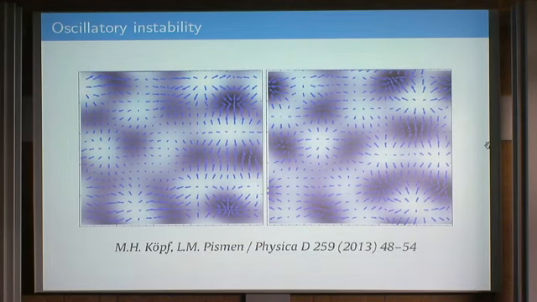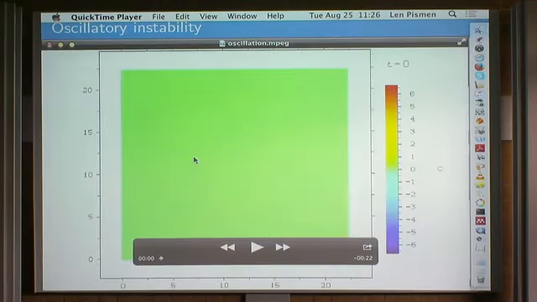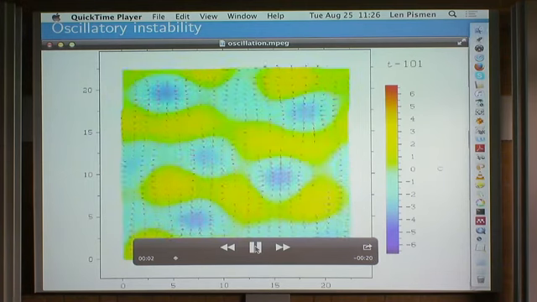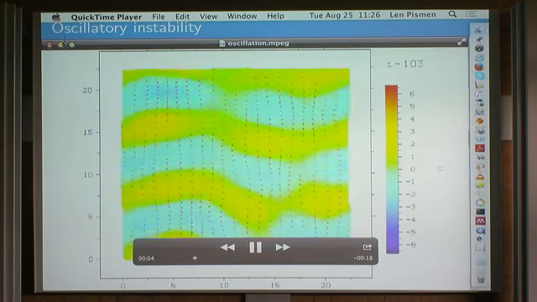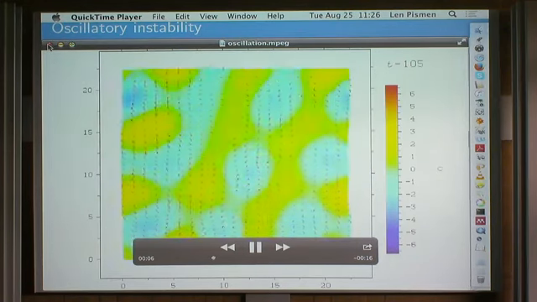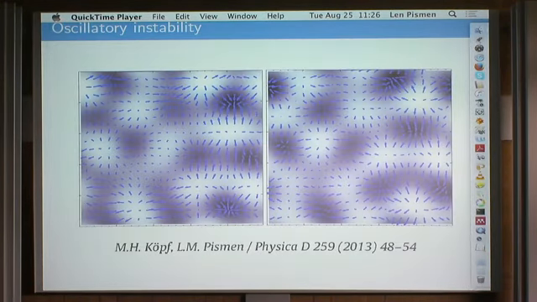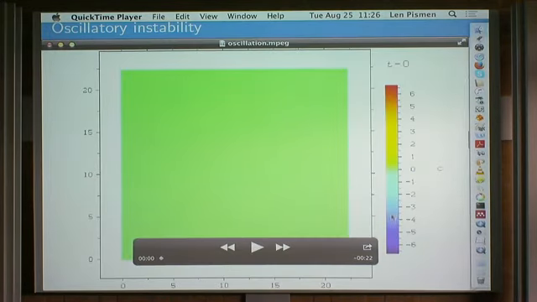And here we can have the oscillatory instability. Here are just two phases of this oscillatory instability. It behaves in such a way because oscillatory instability is on a finite wavenumber.